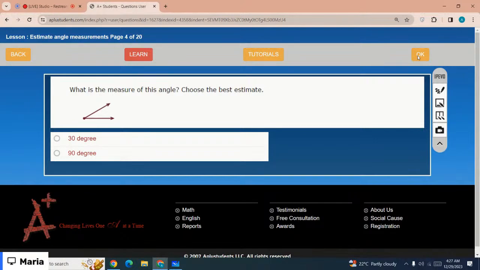Yes, that is 30 degrees. The correct option is 30 degrees, right?